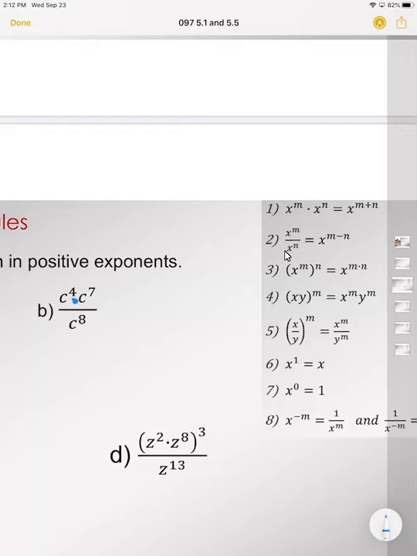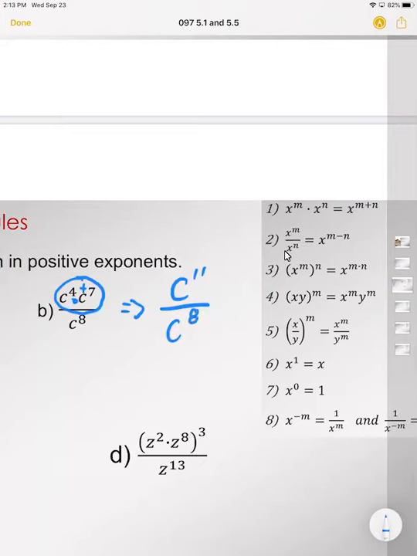C to the 4 times C to the 7: what do I do to the exponents? Well, it's multiplication, so the rule tells me that all I need to do is add the exponents. If I add the exponents, my new problem will be C to the 11 all over C to the 8. In the denominator, I don't have anything to simplify.